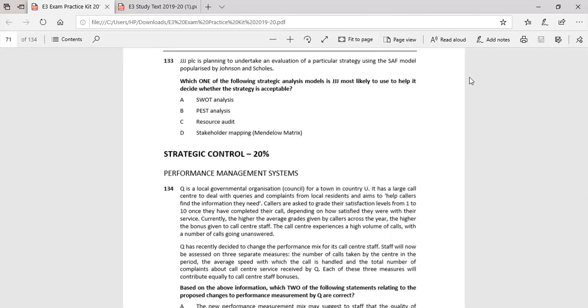Which one of the following strategic analysis models is JJC most likely to use to help it decide whether the strategy is acceptable? Should they go in with SWOT analysis, PEST analysis, resource audit, or stakeholder mapping?